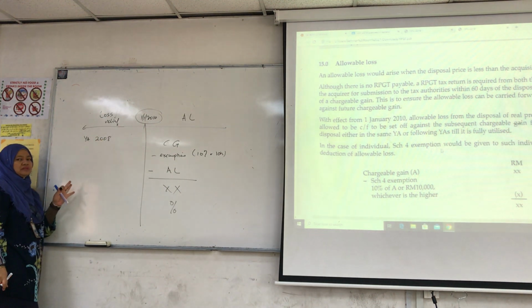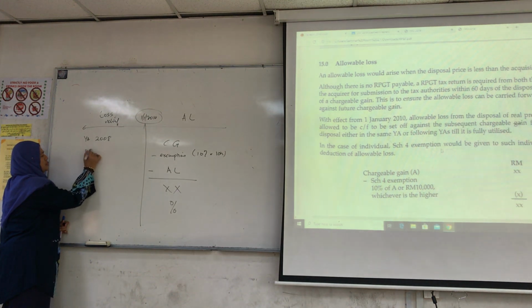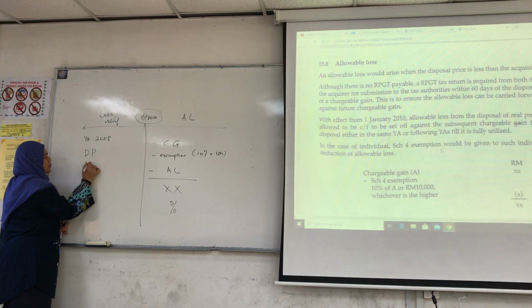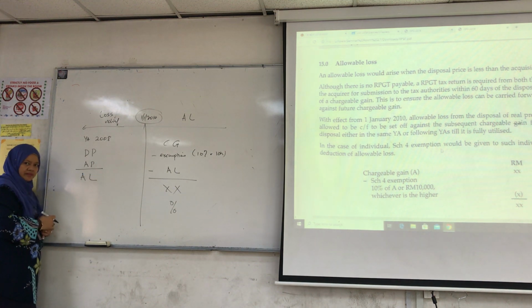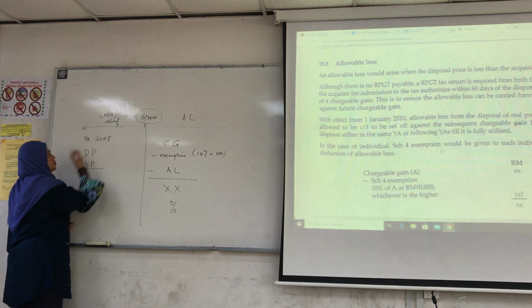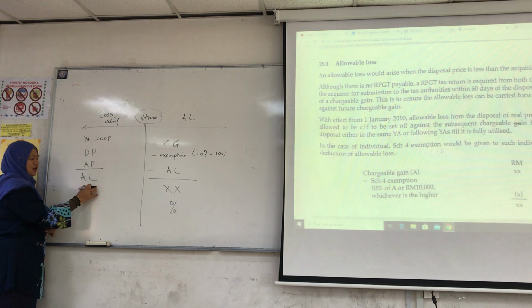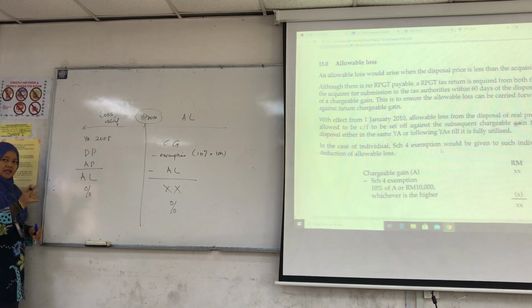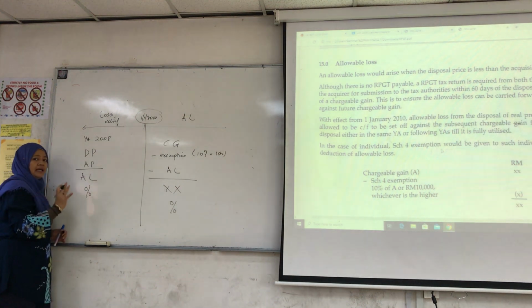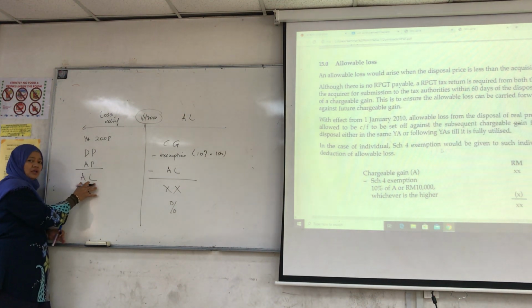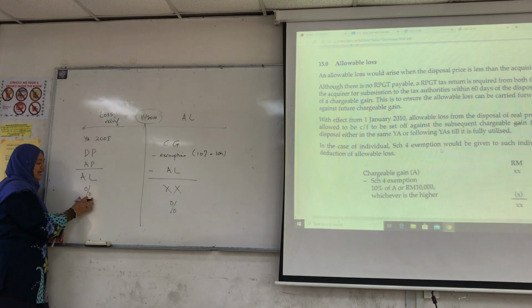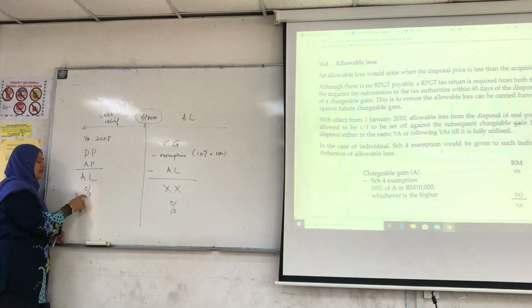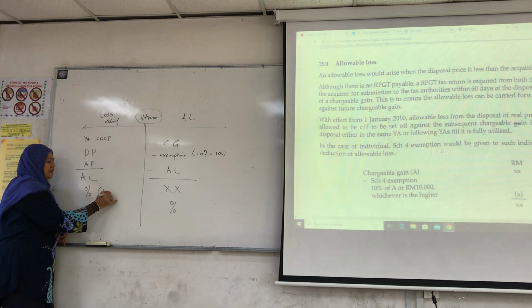Prior to 2010, I have a disposal price and an acquisition price, but here I have an allowable loss. What happened prior to 2010 is that this allowable loss, you have to times by the tax rate for the year. Remember, it is a loss. You are not paying any tax liability because you have a loss, but you have to times this loss by the tax rate depending on the holding period.